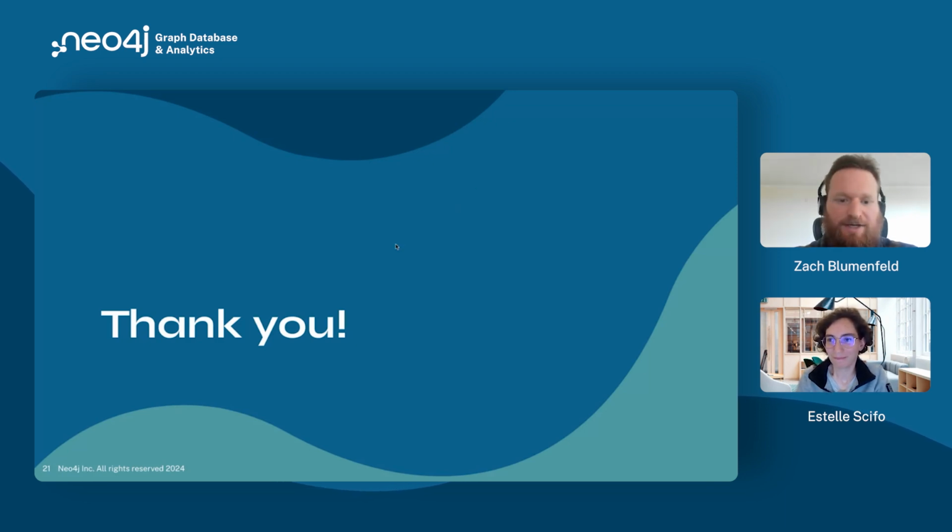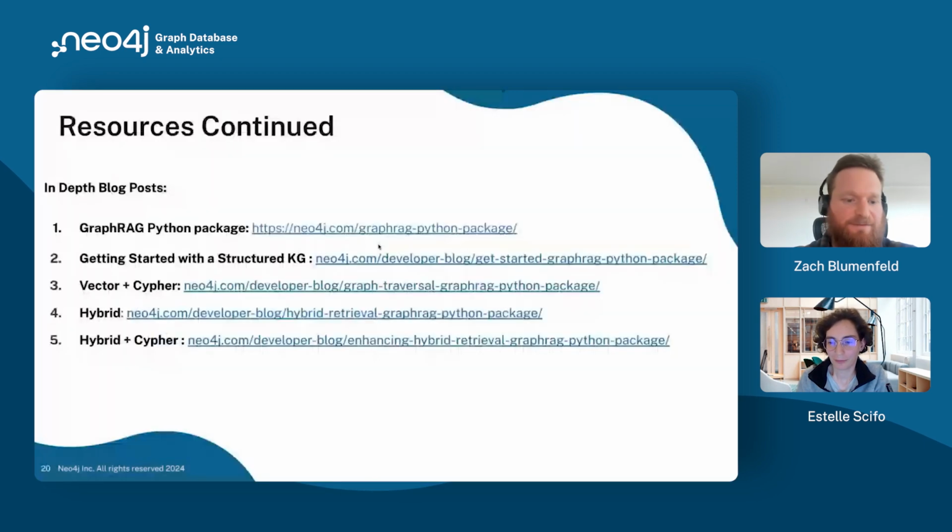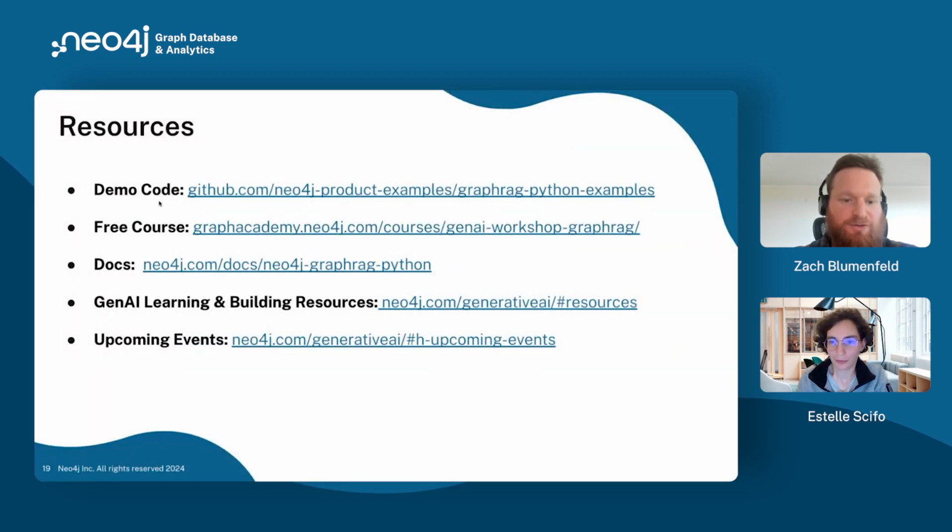Yes. So I can take that one. The demo code is going to be at this link. And again, if you don't get a screenshot of it or something, we'll send these slides out afterwards. So you'll be able to get these via email. But that should give you everything to replicate what we're doing. Also wanted to mention, you do need to start a Neo4j database for this to work.